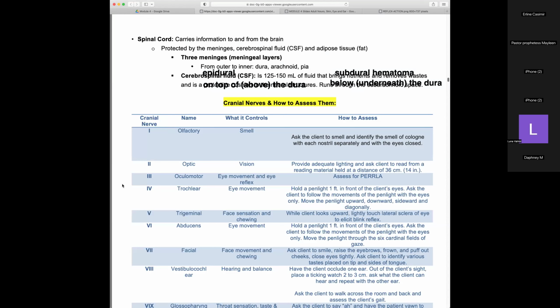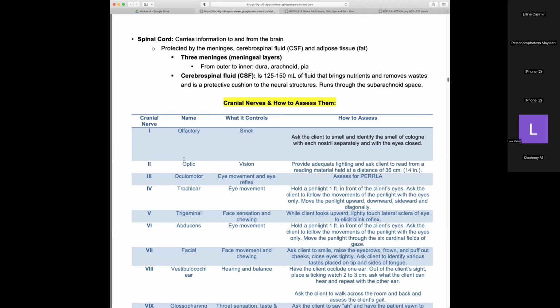Remember that. All right. So spinal cord, meninges, we've learned about them. Cerebrospinal fluid, you should have about 125 to 150 milliliters of fluid called cerebrospinal fluid. It brings nutrients and it removes waste. It is a protective cushion.